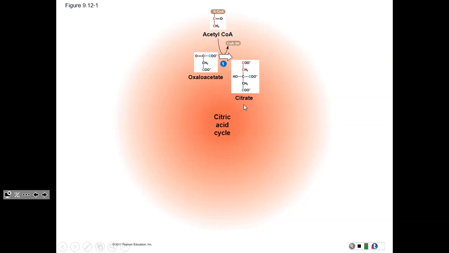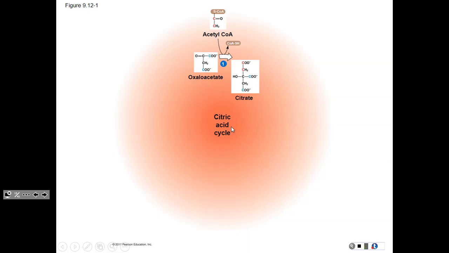Totally equivalent terminology. Same goes for oxaloacetate. If for whatever reason you didn't ever want to talk about -ates, you could talk instead about oxaloacetic acid. All right? That doesn't sound as cool to me as oxaloacetate, but you could, it's equivalent. Oxaloacetic acid is the same thing as oxaloacetate. It's just here we're talking about the salt as opposed to the acid form.